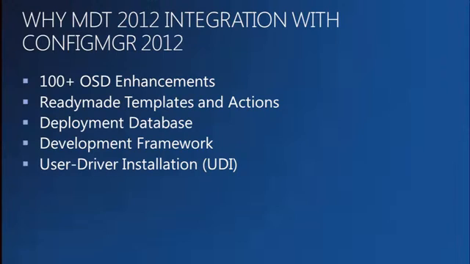Of these 100+ enhancements, what we like the most is the entire framework for doing dynamic deployments. Typically in Config Manager, when you start to create sequences, they become quite static. But with MDT, we can have dynamic settings living outside the sequences, and we can feed them in during deployment.